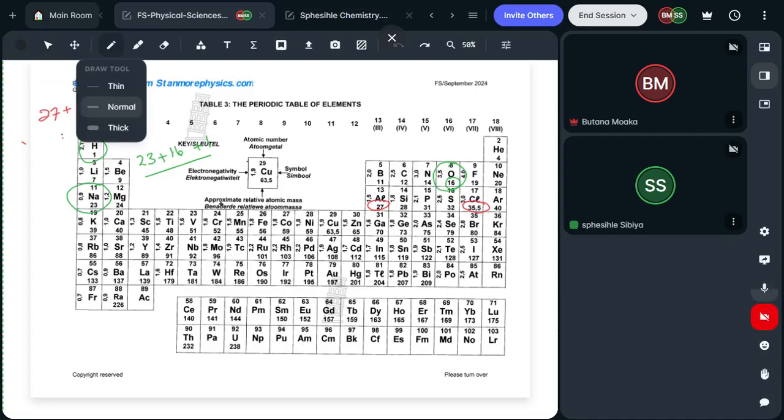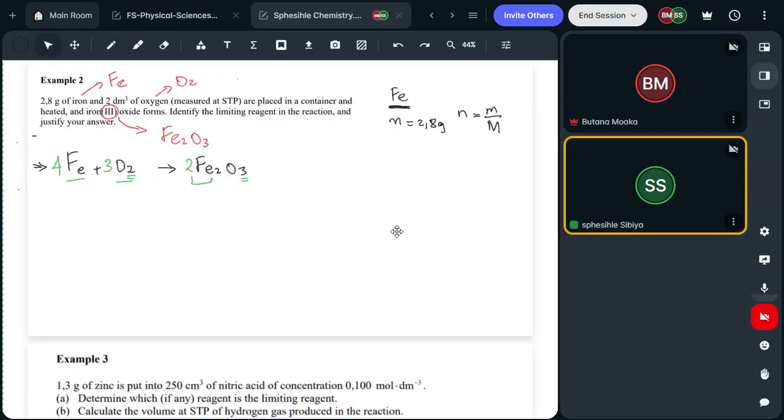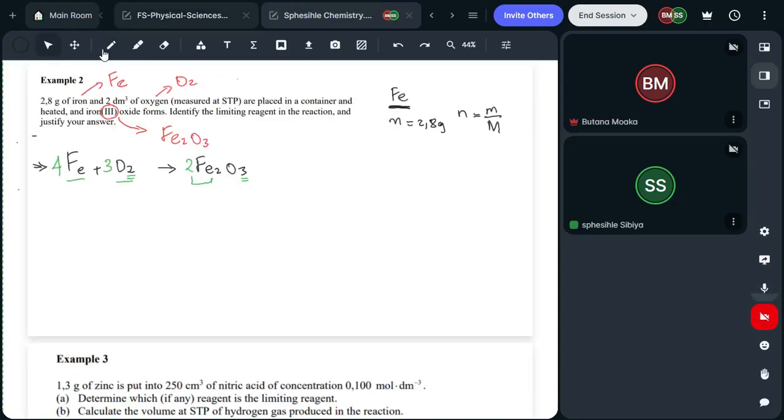Fe is number 26, and the molar mass is the number below, which is 56. So I'm going to write 56 here.